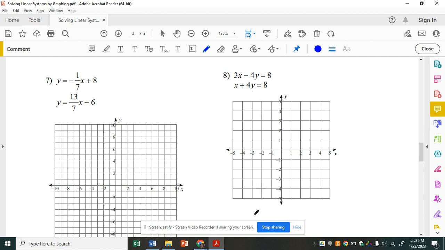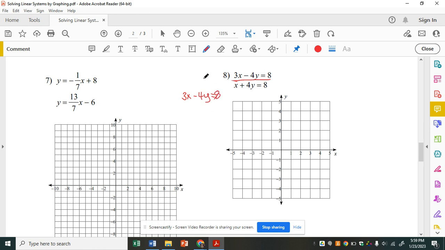Okay? The trickier problems are when we start at number 8 and get to number 14. So on number 8, my first equation is 3x minus 4y equals 8, right? That is not in slope-intercept form, so I need to adjust it before I can graph it.